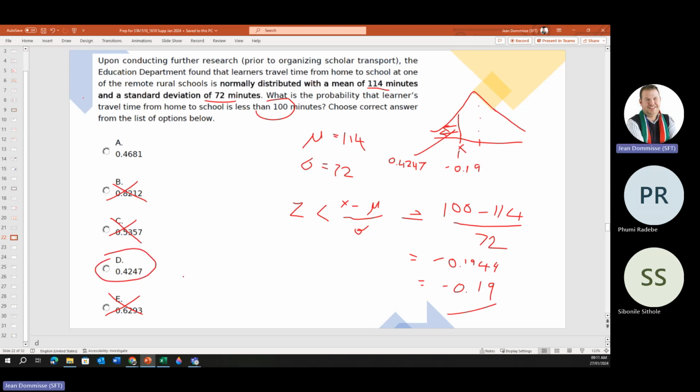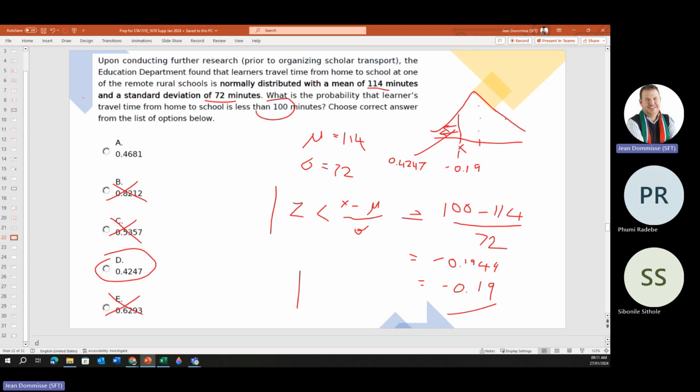Again, we're looking at using the Z formula. From the Z formula, we go to the Z table, and then we get the answer from there. I like to draw this picture every time before I look at it.